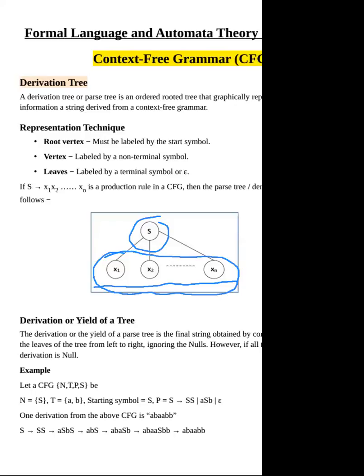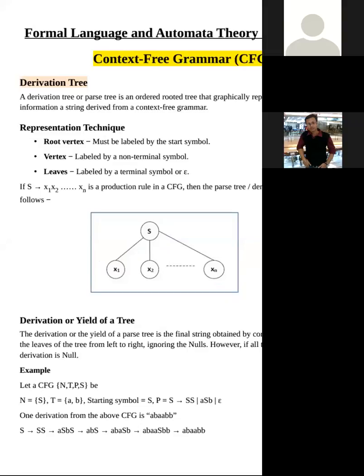When you are given a grammar, you first start from the start symbol and try to construct the string by following the rules or productions given in the grammar. So let's take an example, this grammar.